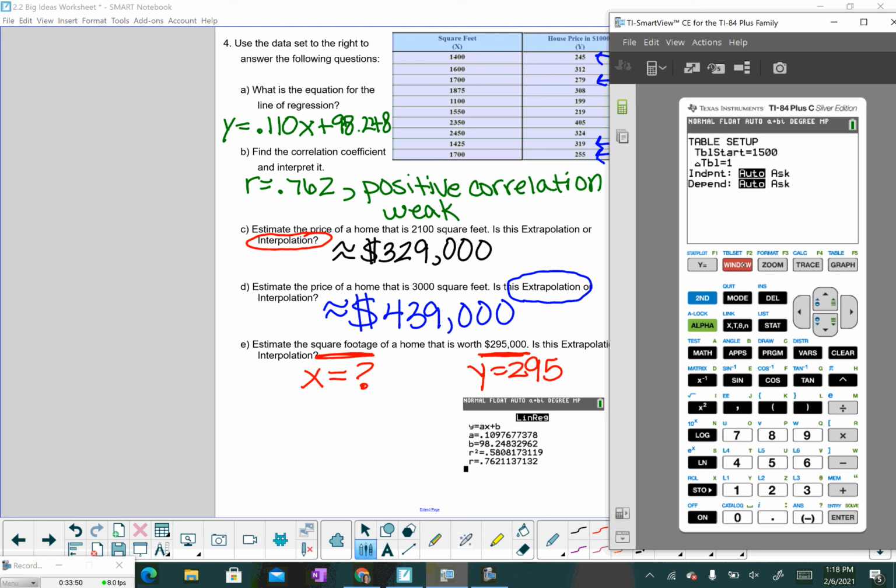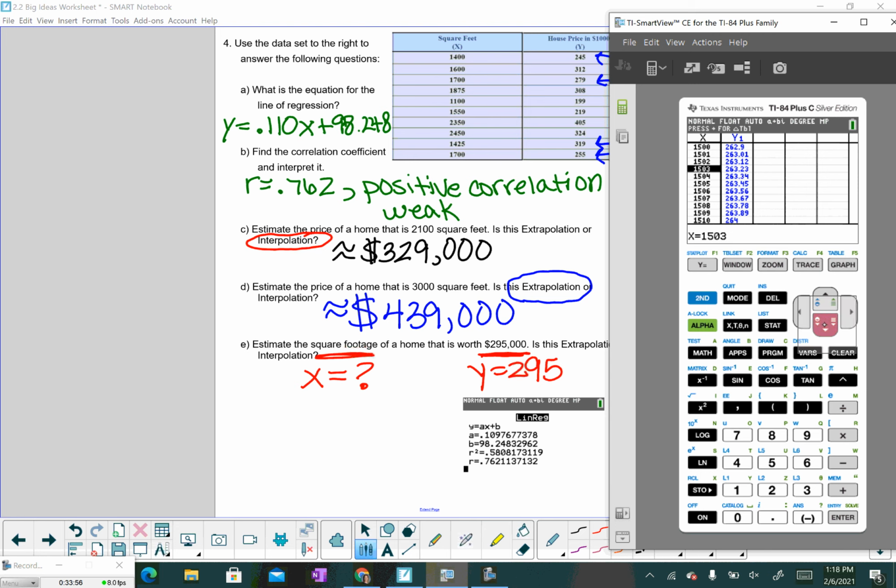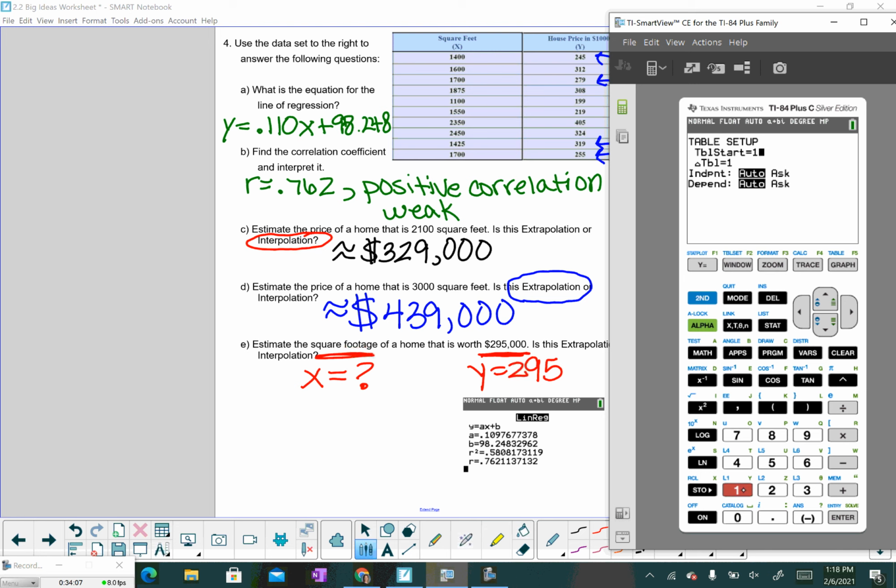So 1,500. So now let's go to table, second graph, and we're looking for when we hit 295. So let's see, it looks like I'm still a little off. Let's go to like 1,700. Okay, and again, you can just keep scrolling if you want. I don't like scrolling forever, so I'm just going to kind of jump around in this table. All right, 1,700, we're a little bit closer.